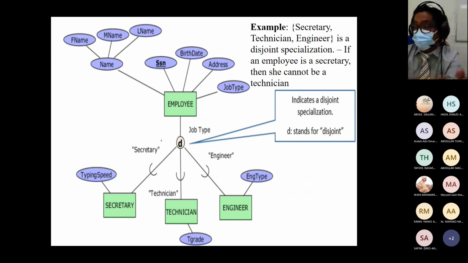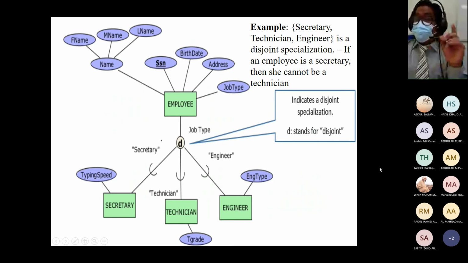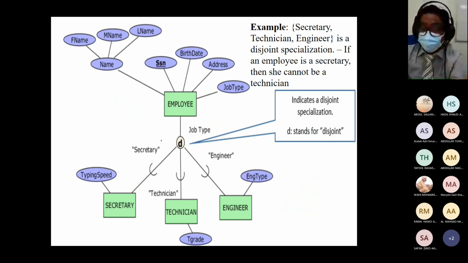Because to tell you frankly, say in this university, in this college, there are some technicians who have been put in a position as a secretary. There are some teachers, lecturers themselves, who become the secretary of the HOD, right? Just like an example for this. But if you are a certified secretary only, of course, you're not a certified technician as well.